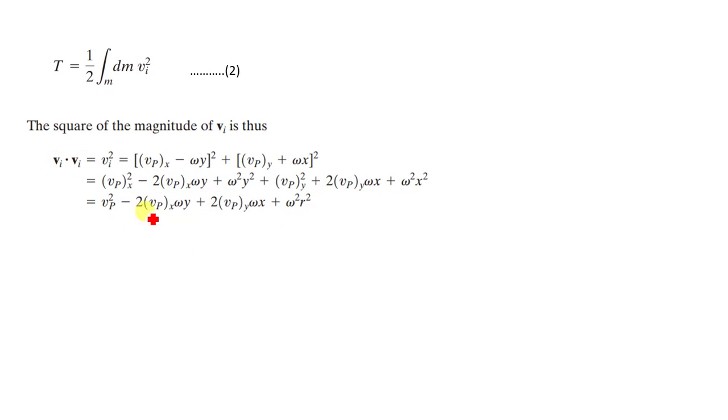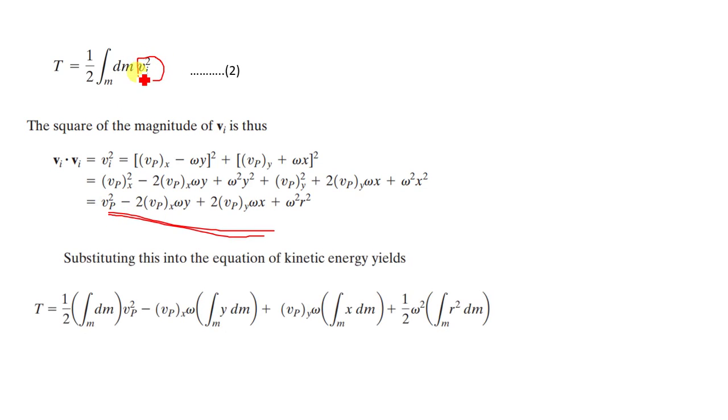So when you simplify it, you are going to have this, and here we're just trying to derive a certain formula. When you replace it, you put it there, it's going to give you this. So don't worry about what you are seeing here. It's not even a complicated formula. Just look at this, the integral of dm v squared, meaning this is the part.